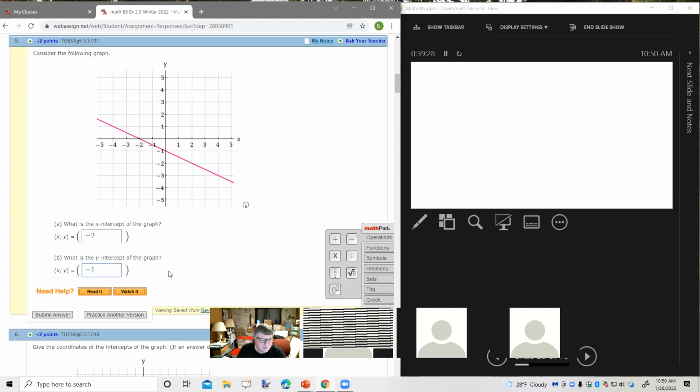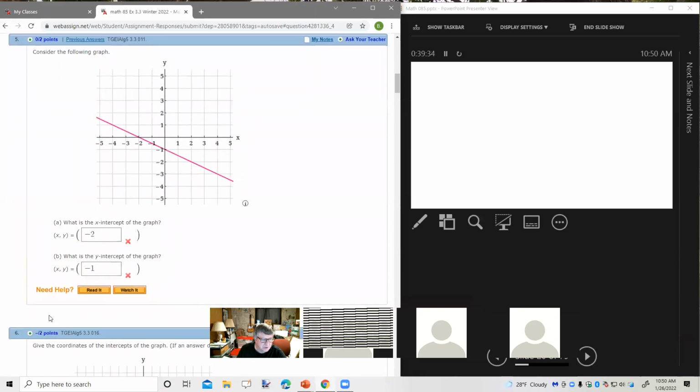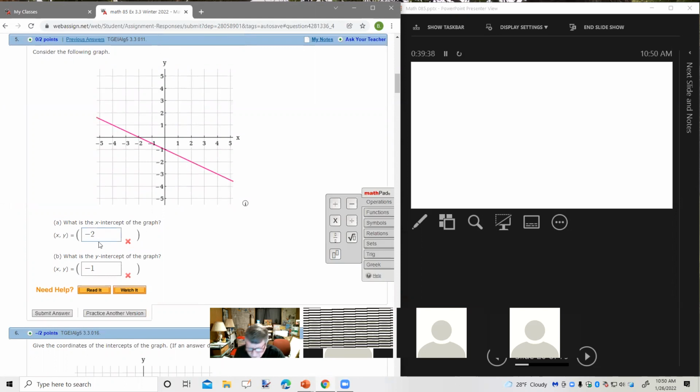So they'll just give me the non-zero value. Let's see if that's acceptable. No, it's not. It's an ordered pair. For an x-intercept, you've got to put in y is 0. For a y-intercept, you've got to put in that x is 0.